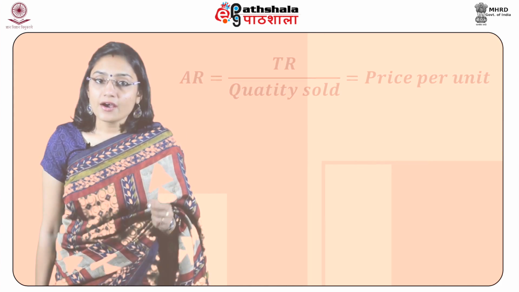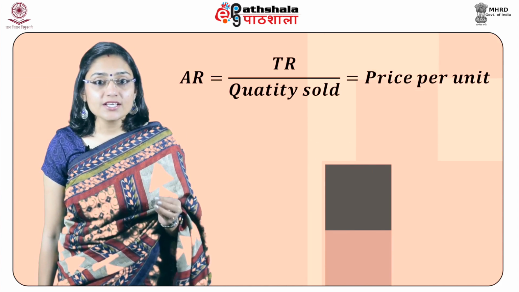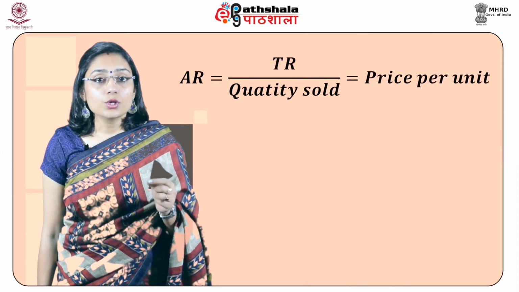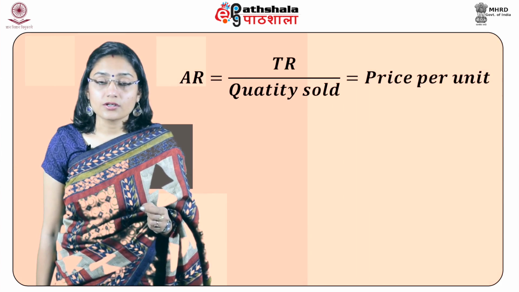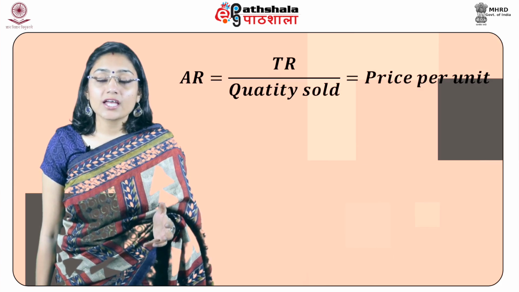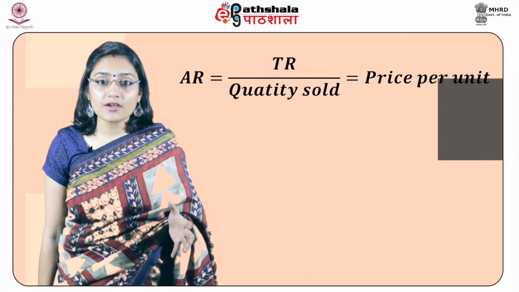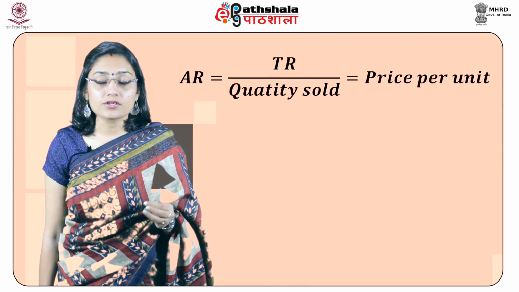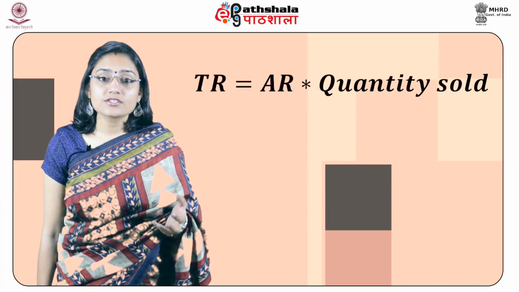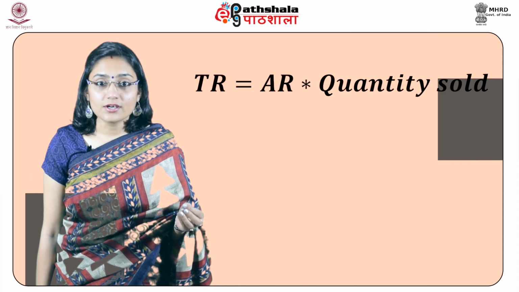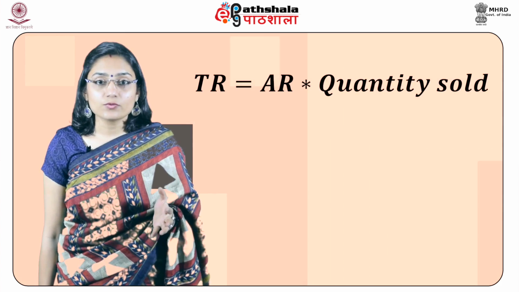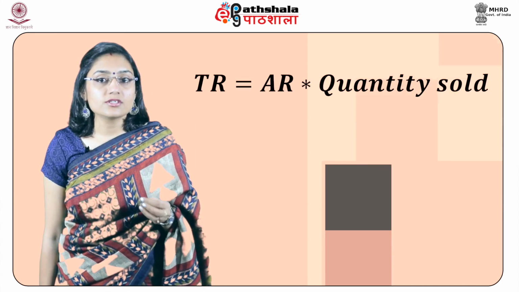Average revenue. Average revenue is defined as the price per unit of a commodity. That is, AR is equal to TR divided by the quantity sold, which is equal to price per unit. Average revenue can be calculated by dividing the total revenue by the total number of quantities sold in a particular time period. As average revenue is also called price per unit, the total revenue formula can also be written as TR is equal to AR times quantity sold.